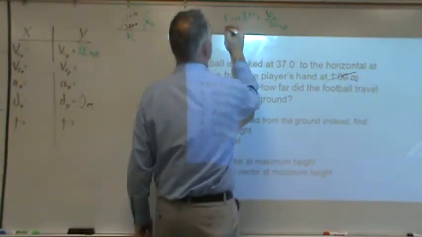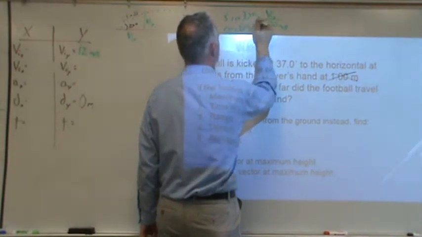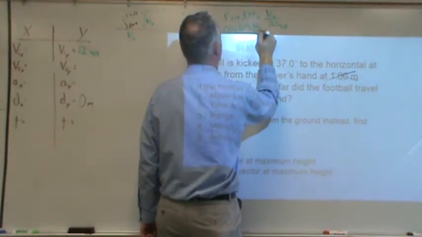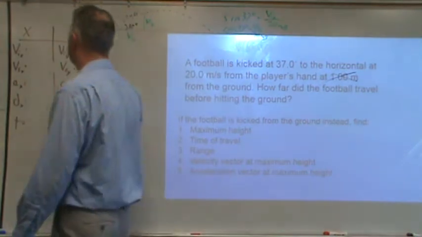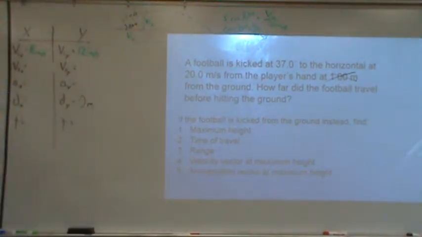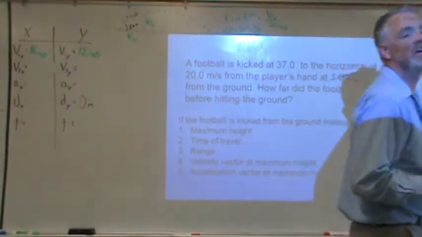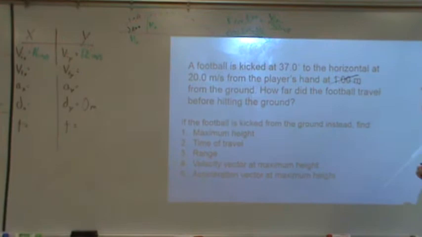Same for VIX, except they use cosine. Solving for VIX, I get 16 meters per second. So I have my VIX, my initial velocity in the x direction. I have my initial velocity in the y direction.